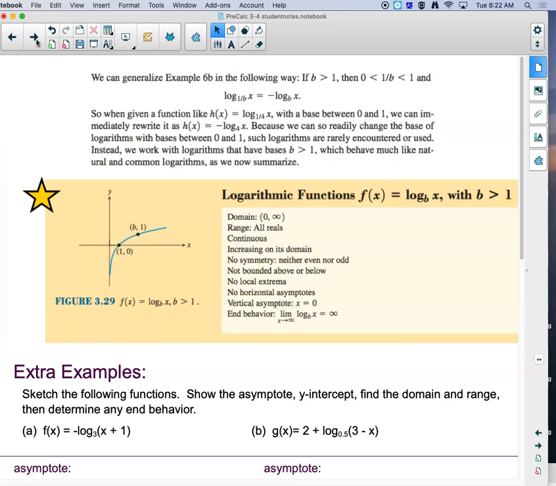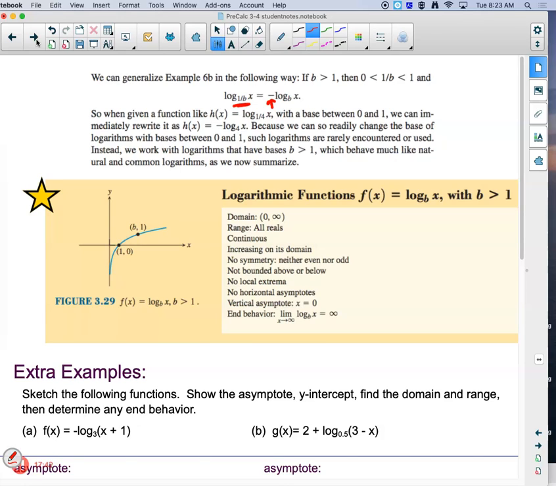Now, here's the big box of generalizations. So, we can generalize example 6b in the following way. It says if the base is greater than 1, then 0 is less than 1 over b, which is less than 1. And it could be rewritten, instead of having a fraction base, as just a reflection over the x-axis.